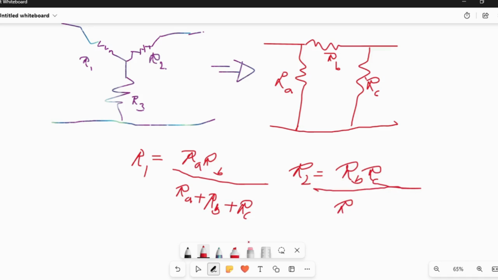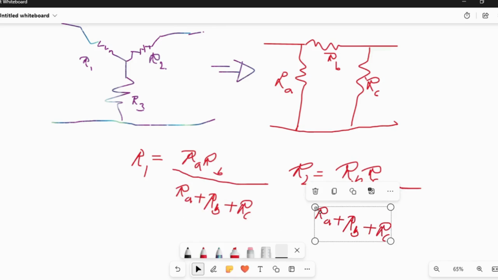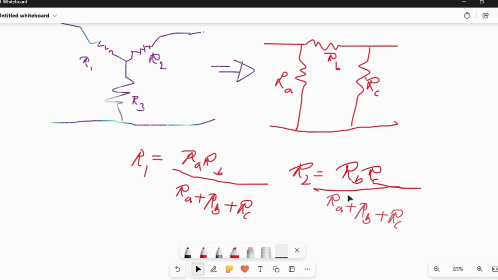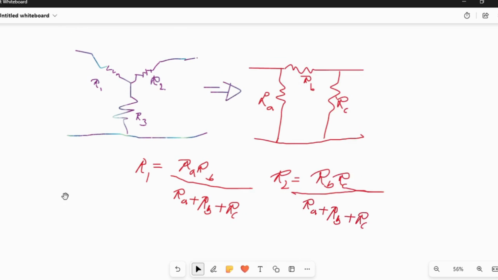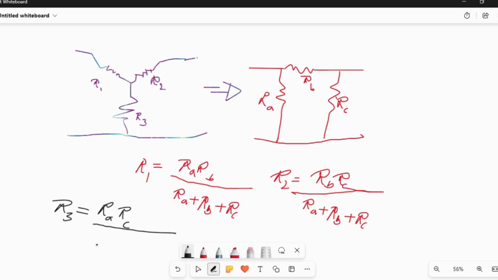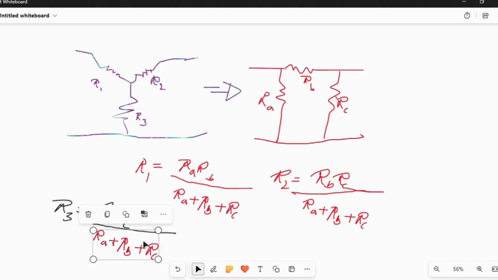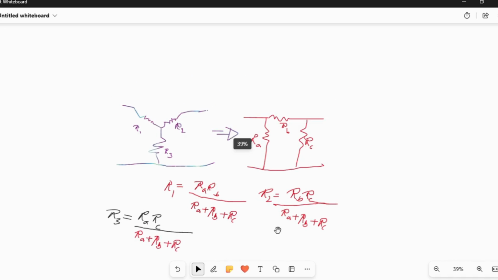I will copy them. And then what is R3? It is equal to RA RC divided by this one. So these are the results, and I will put them.